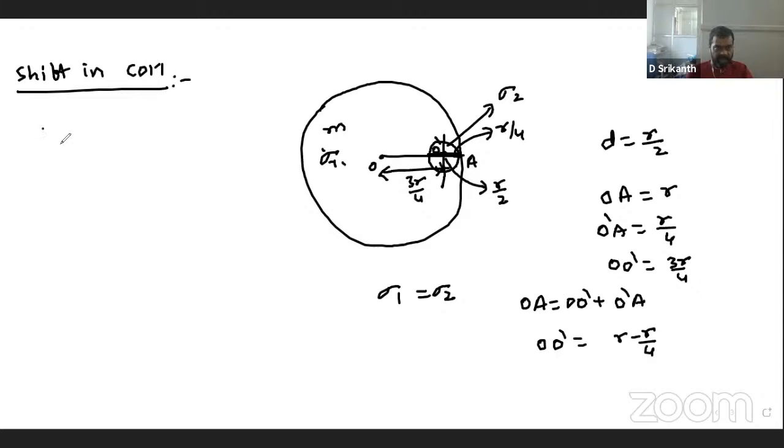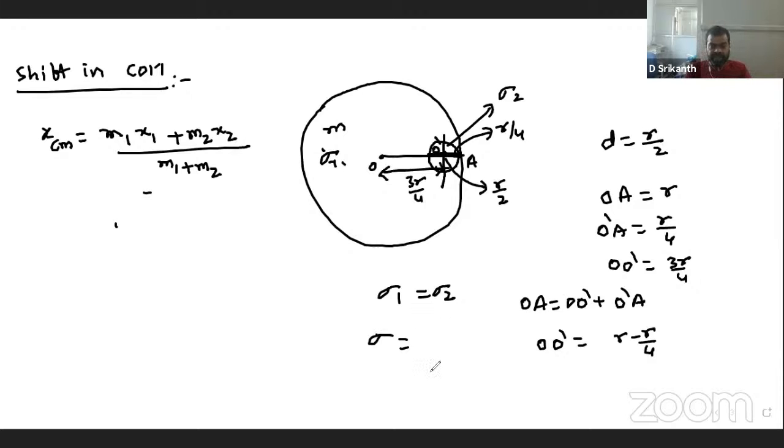We have the position of center of mass, that is m1 x1 plus m2 x2 divided by m1 plus m2. Here, since it is a ring, I can consider the surface density. If it is one dimension, I'll consider the linear density; if it is two dimension, the surface density, that is mass by area.